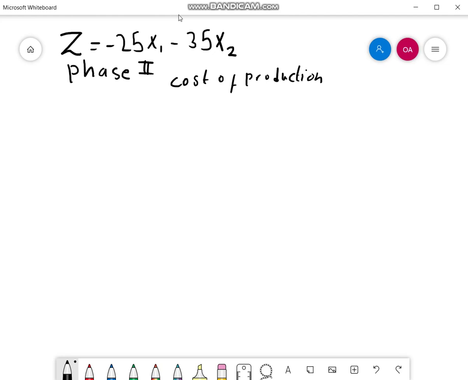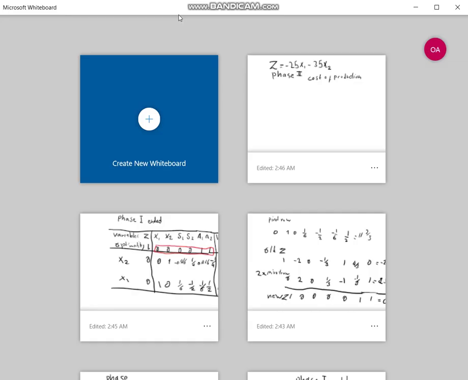So the only way to get the cost of the production equation is to subtract the values from here to nullify them. The only way I can do it is via these constraints.